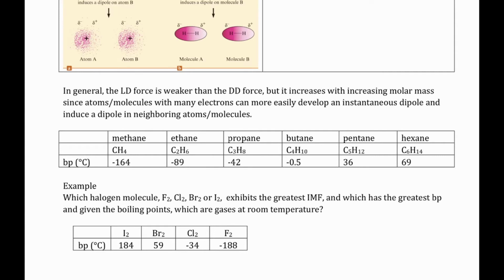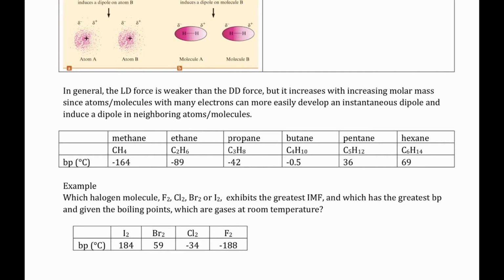Butane, it's just a little bit below 0 degrees Celsius. Pentane, so now we have 5 carbons, so much bigger. Its boiling point is a little bit above room temperature. So pentane would be a liquid at room temperature, whereas the ones smaller are all gases at room temperature.